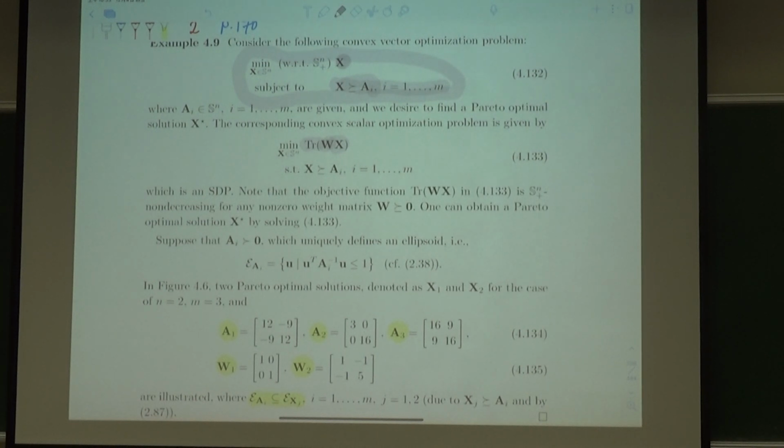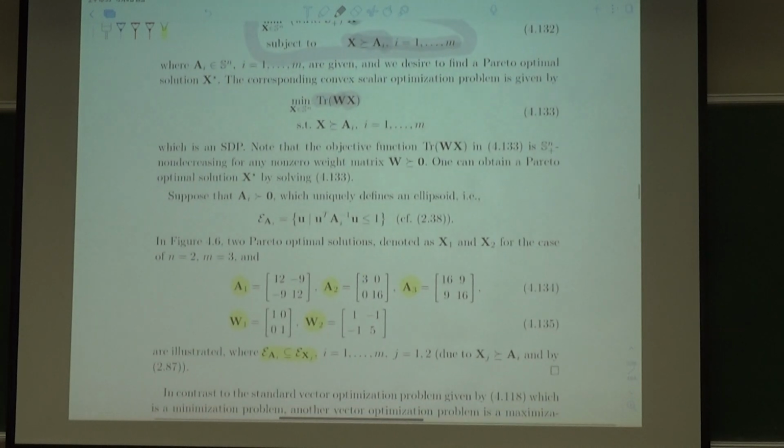Okay, then let's give an example with two instances. You can choose one. The first point solved is 4.133 by setting W1 to the identity matrix. W2 is also a PSD matrix.